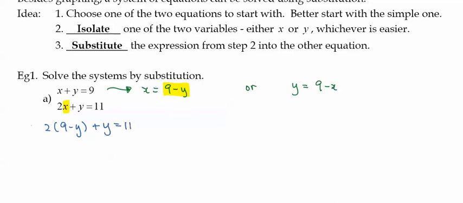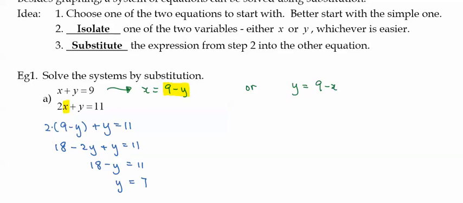So instead of 2 times x plus y equals 11, I'm now having 2 times 9 minus y. And solve it. Open up your bracket, group like terms together, and get your answer.